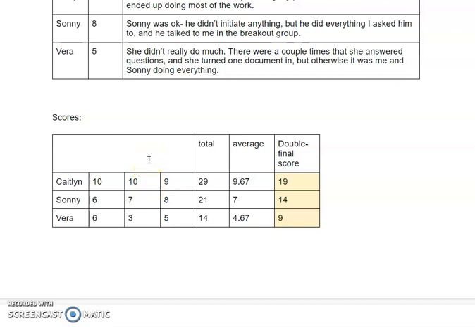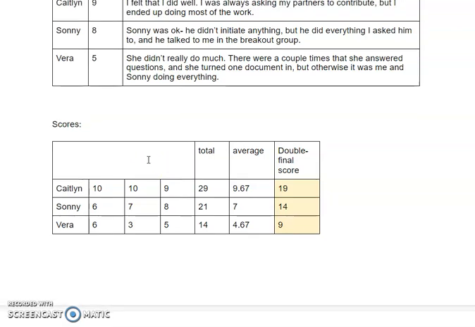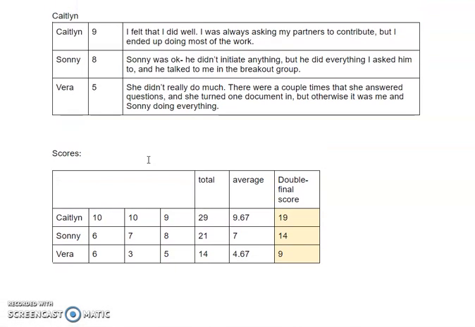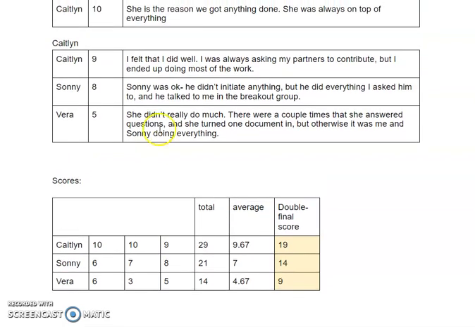I also wanted to make a quick note, and I posted about this in the Google Classroom: don't be afraid to toot your own horn. If you feel like you have really done your job, you've really worked hard, you've really contributed to your group, you've taken responsibility, if you would want to be your own group member, then don't be afraid to give yourself that 10. Ladies especially, I noticed on the last round of grading that there was a huge pattern of my female students underrating themselves.